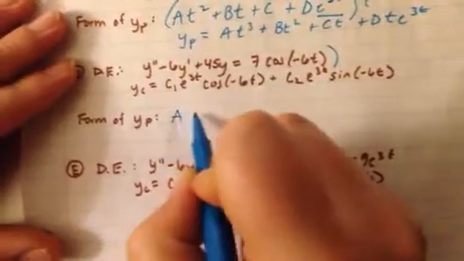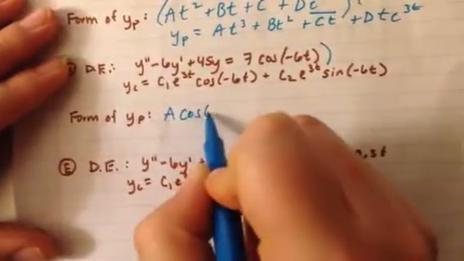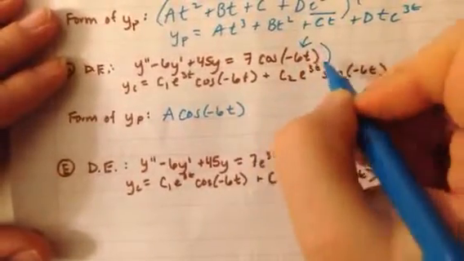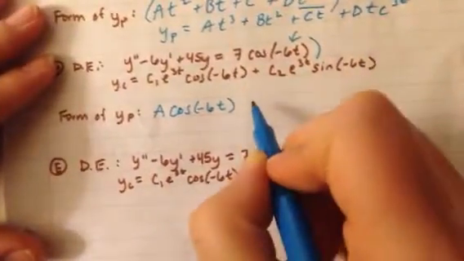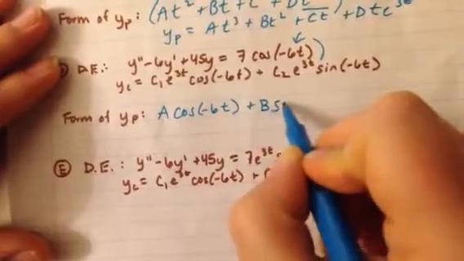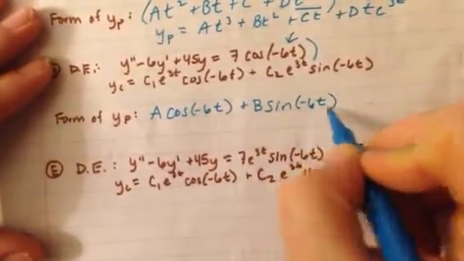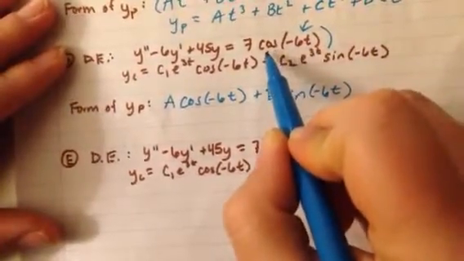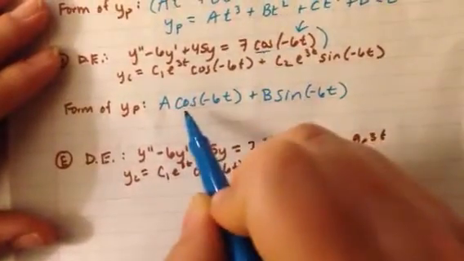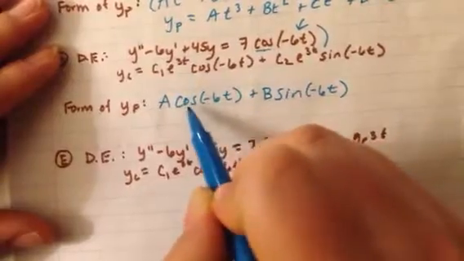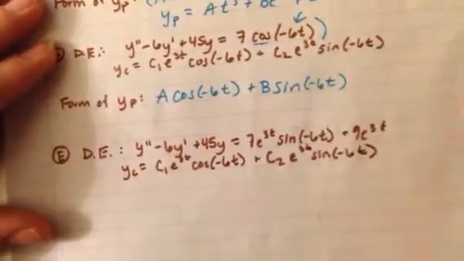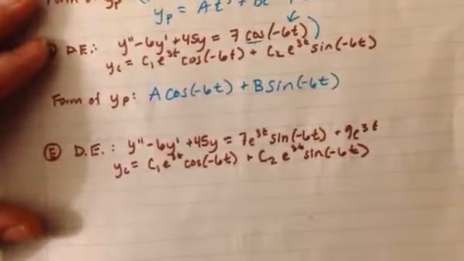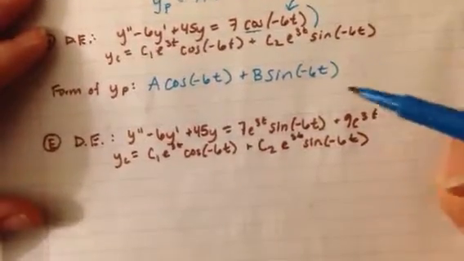So we have a cosine of negative 6t, and we always keep what's in the parentheses. That always stays the same in these. And it's going to be plus b sine negative 6t. And the cool thing about these is even if this was 7 sine here, it would still have this form, except sine would be first and cosine would be second. Order doesn't really matter on that one, so it would still be the same answer.